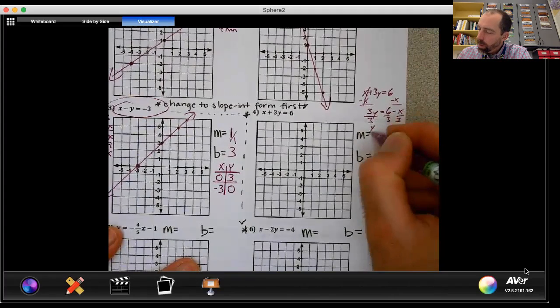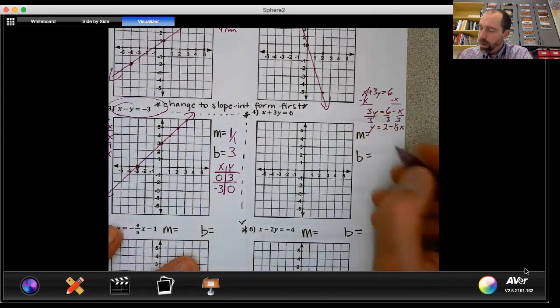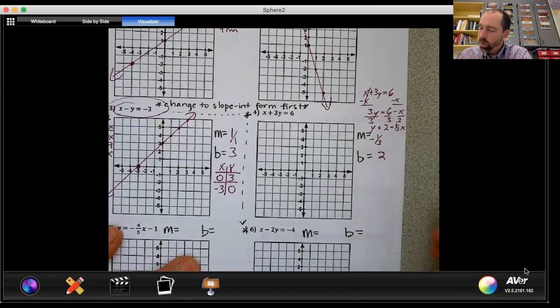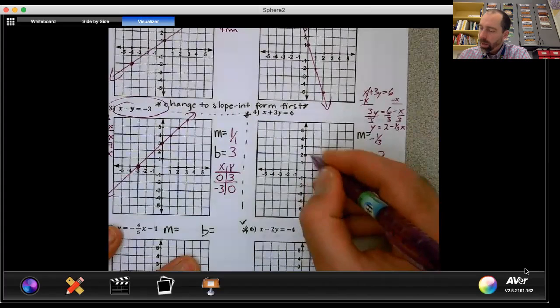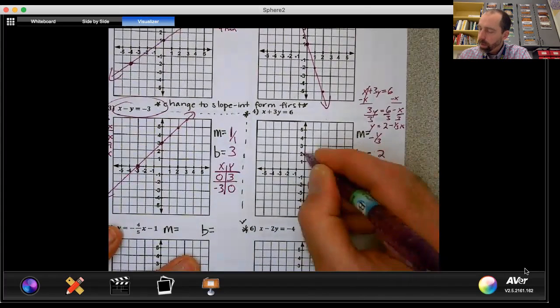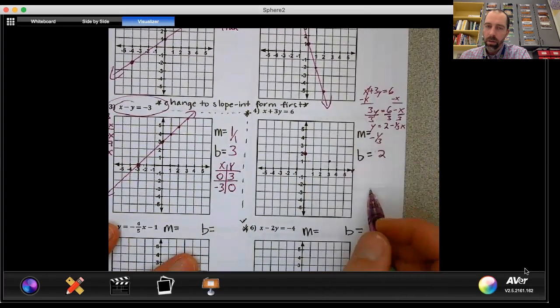So it's y equals 2 minus 1/3 x. It's getting kind of small there. So the slope is negative 1/3, and the y-intercept is 2. So that means I start here, and I'm going to go down 1 over 3, down 1 over 3 like that.